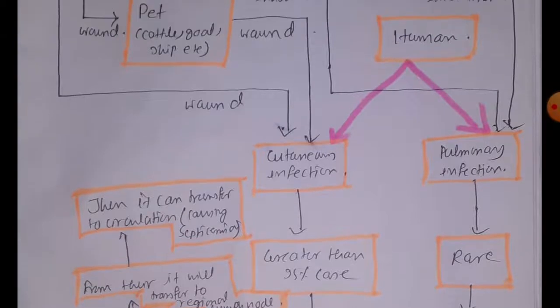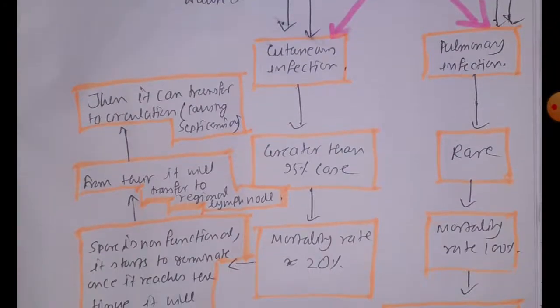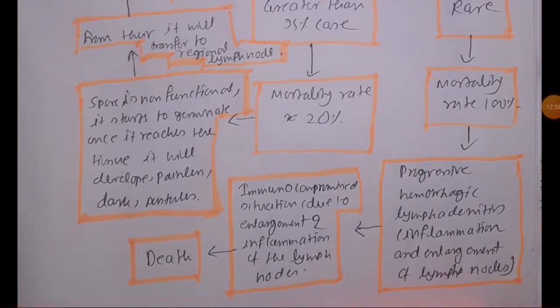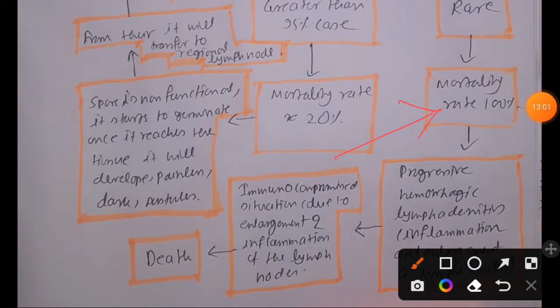In case of pulmonary infection, which is the rarer case, it is about 5% of the total Bacillus anthracis infections, and the mortality rate here is about 100%.